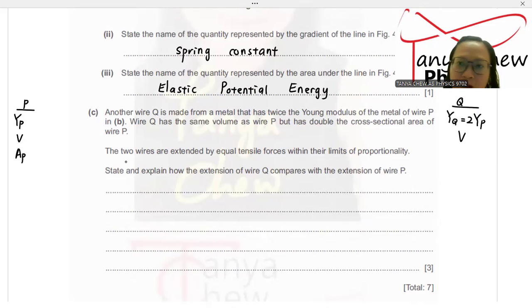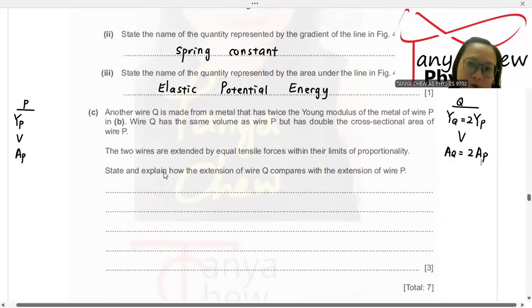So the area of Q is double the area of P. Two wires are suspended by equal tensile forces within the limits of proportionality. State and explain how the extension of wire Q compares with the extension of wire P.